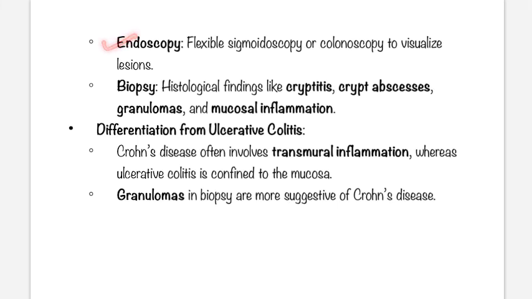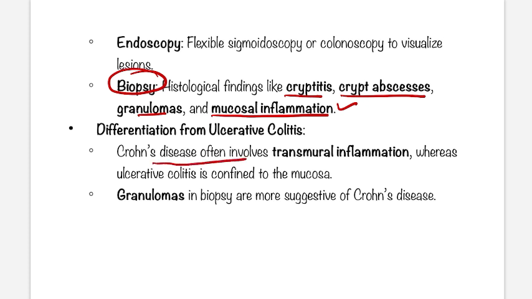Endoscopy, you will do a biopsy. This is important, this is diagnostic also. Cryptitis, crypt abscess, granuloma, and mucosal inflammation are more in Crohn's disease. So how will you differentiate it from ulcerative colitis? As we discussed, Crohn's disease involves transmural inflammation, and granulomas in biopsy are more suggestive of Crohn's disease.